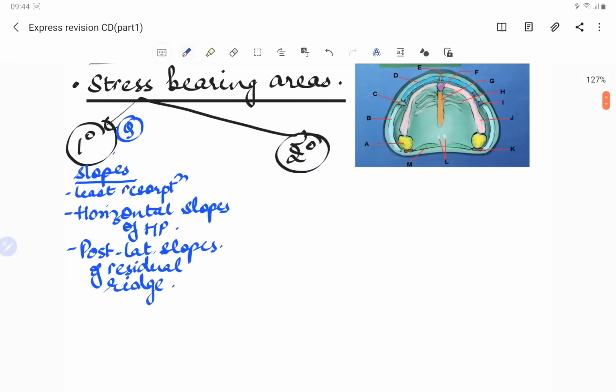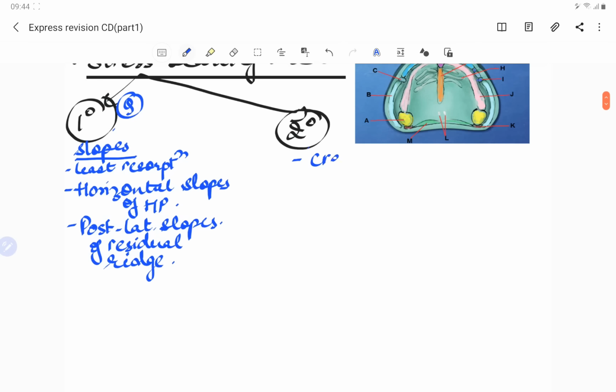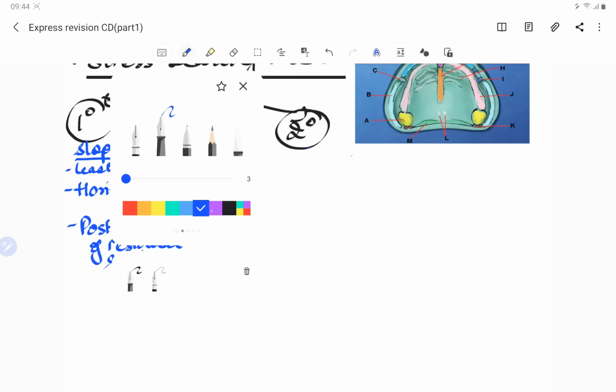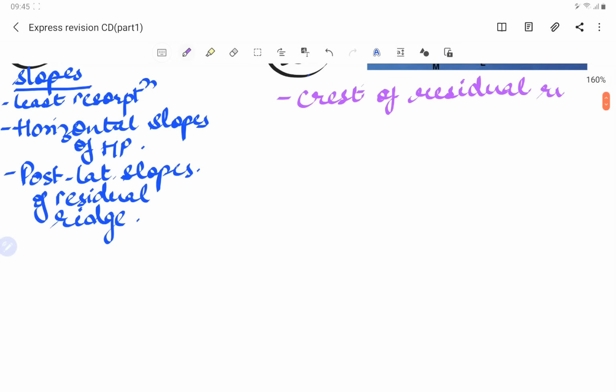Right. Talking about secondary stress bearing areas, we have got the crest of the ridge. So secondary stress bearing area is the crest of the residual ridge. Then we have got rugae.